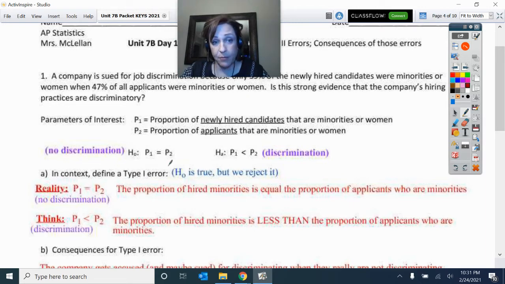The proportion of hired minorities is equal to the proportion of applicants that were minorities and women. But we rejected it. We got a sample that made us think that the company was discriminating.